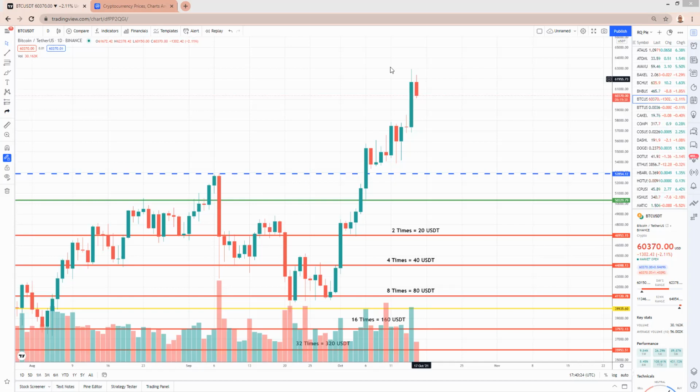The color of the candlestick is determined by what has happened in terms of the opening price and the closing price.